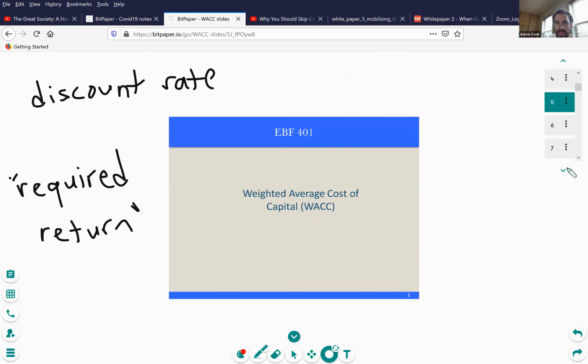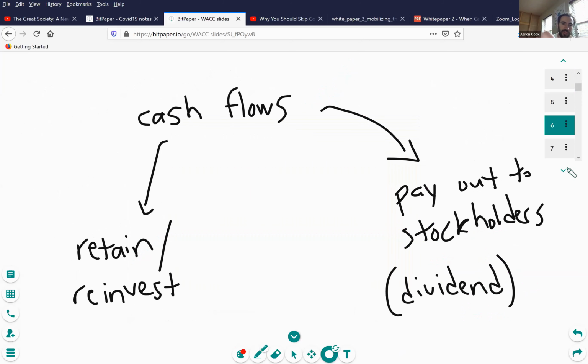So in order for investors to be okay with you retaining the earnings, in order for them to allow you to reinvest those earnings back into the company, they are going to demand a payoff from that reinvestment.